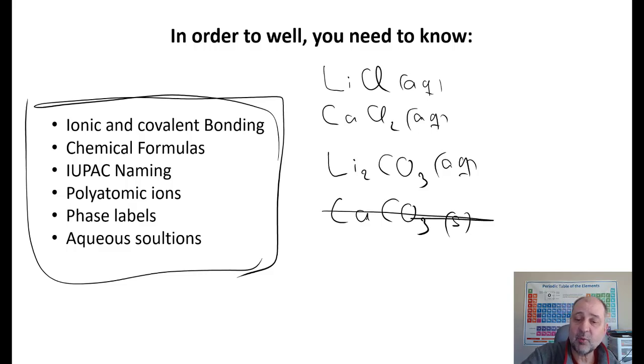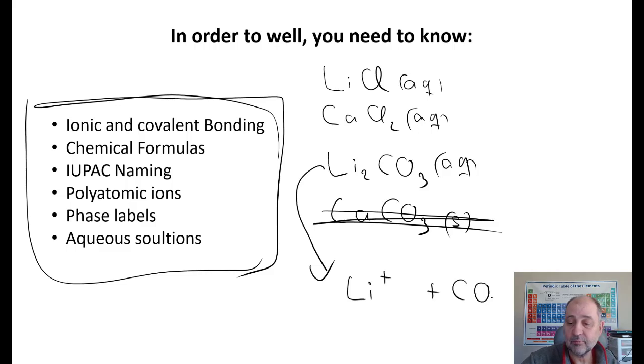If we have aqueous solutions, what that means is we have ions that are free to move and they're attached and surrounded by water molecules because water is polar. And so what that means is that lithium carbonate, for example, exists as lithium ions and carbonate ions. And both of those have charges. This 2 here means that we have 2 lithium ions.